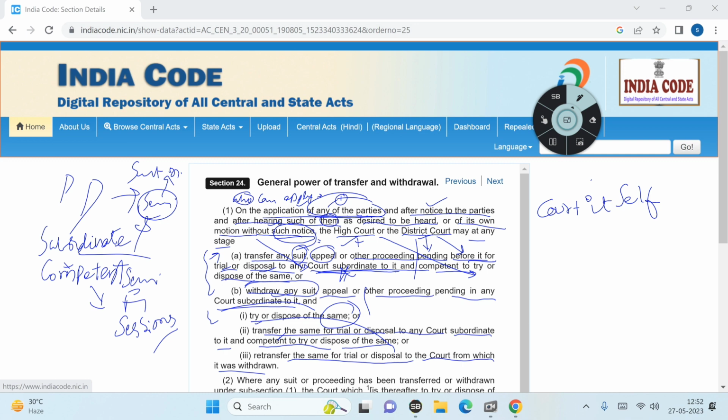So: transfer power, withdrawal power, trial power, transfer power, and retransfer power.